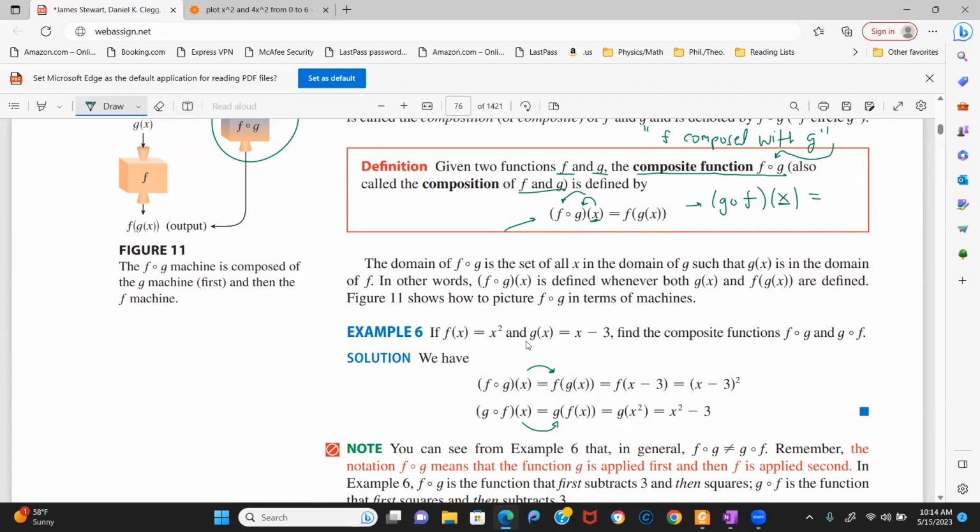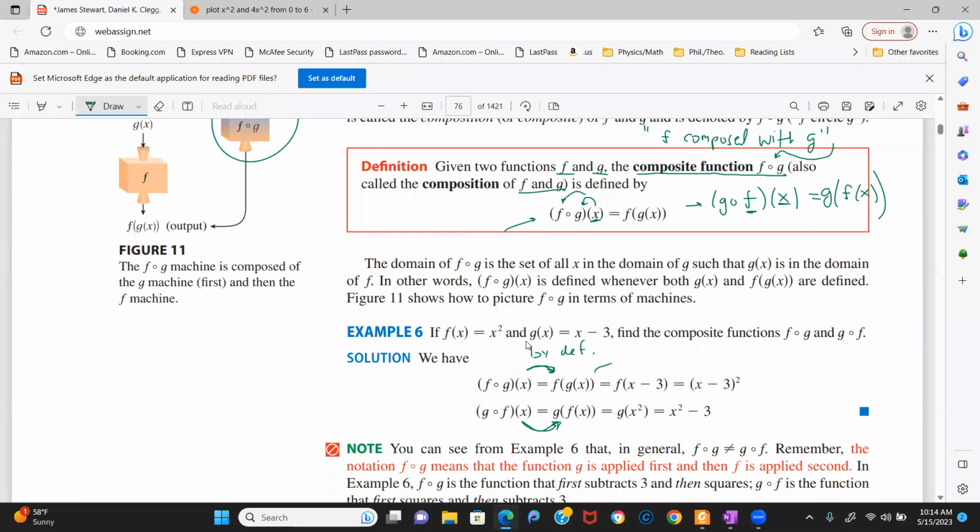So here's our input. The closest function is f, so I'm going to plug x into f of x. And then you plug that into the outermost function, g of x. That's how we get these two lines right here. These first two equations are just by definition.